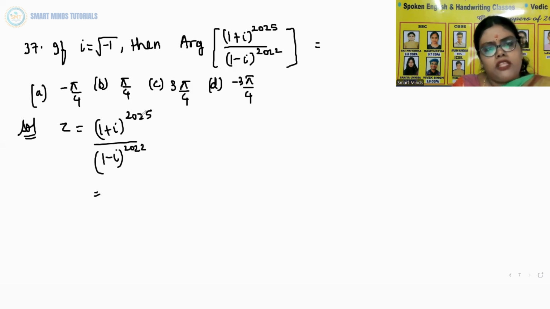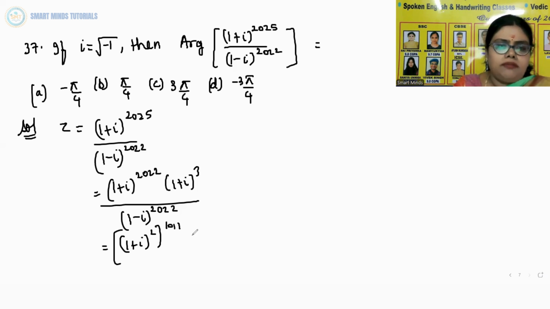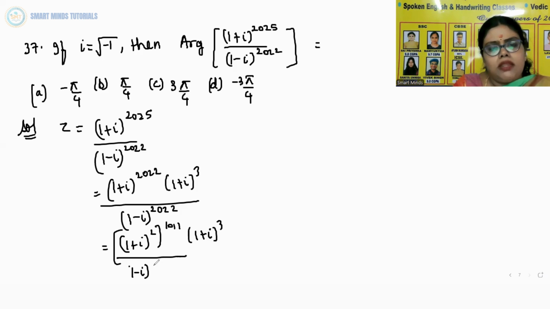So this we can split as 1 plus i whole power 2022 into 1 plus i whole cube, by 1 minus i whole power 2022. So that is equal to 1 plus i whole square into 1011 into 1 plus i whole cube, and the denominator also the same way, 1 minus i whole square into 1011.